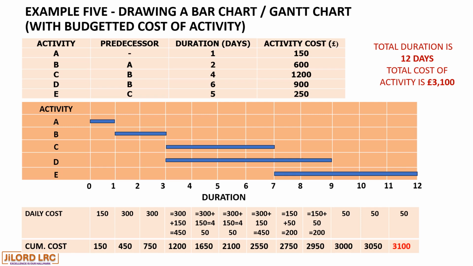Now, activity C attracted a cost of £300, and activity D also attracted a cost of £150, making 450 for that particular day. Now the 450 added to the previous cost of 750 gives us 1,200 at the close of day 4.